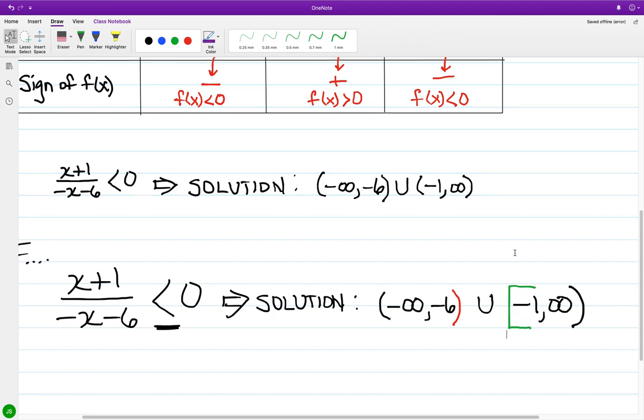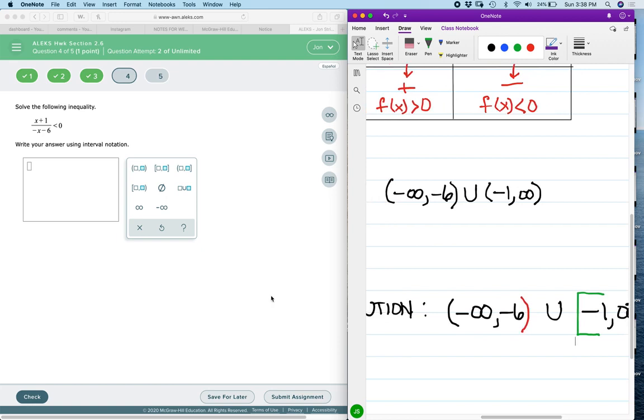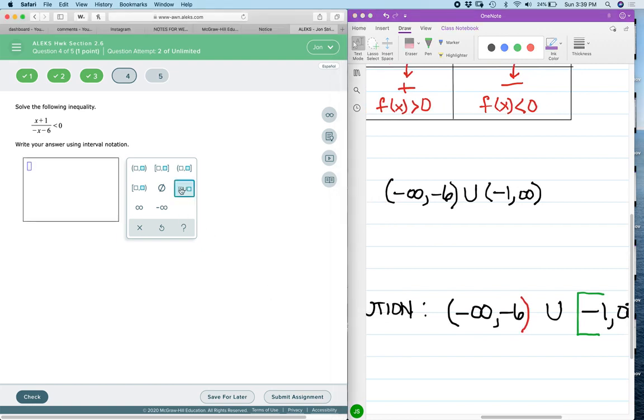But going back to our problem in number 6, looking at combining what we have here.